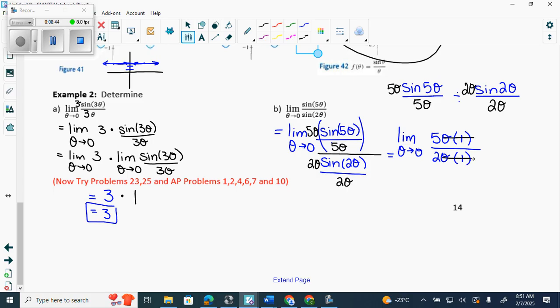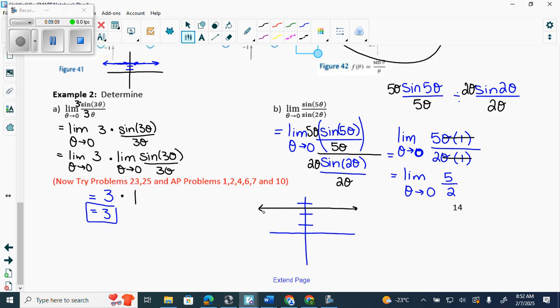So I'm left with the limit as theta approaches 0 of 5 over 2. So 5 over 2 is 2.5, same thing, correct? Same thing. So if I drew that line, it would look like that.